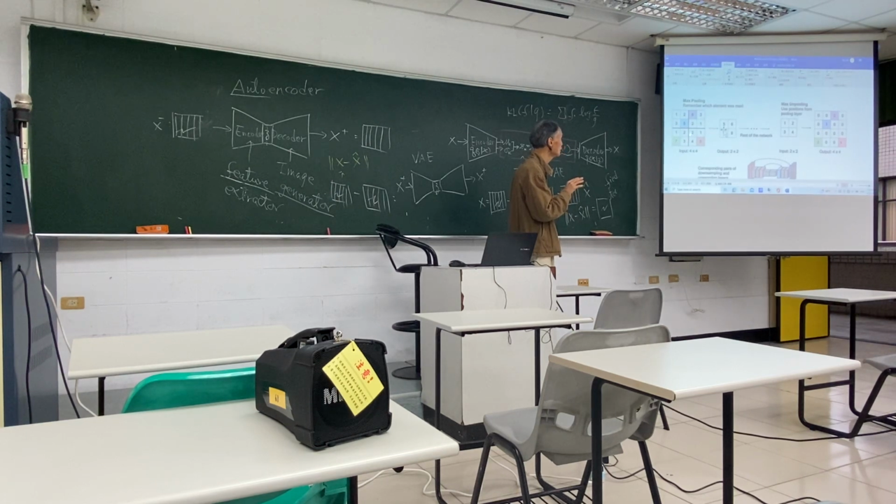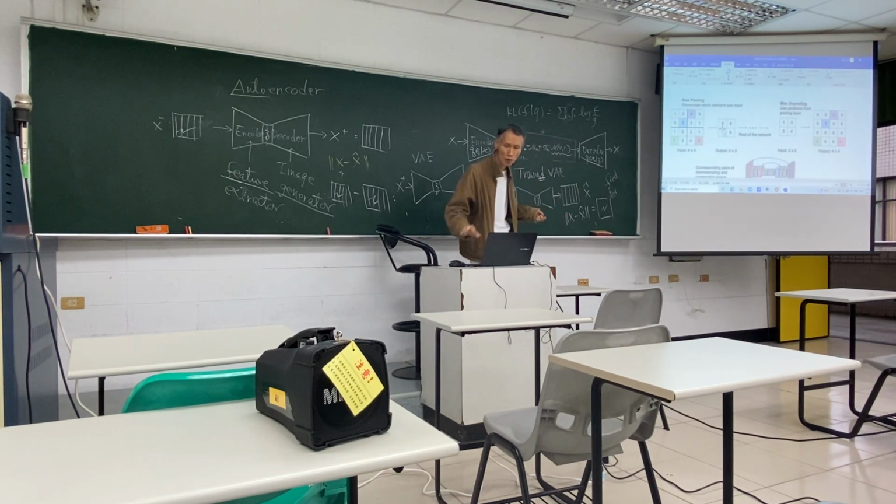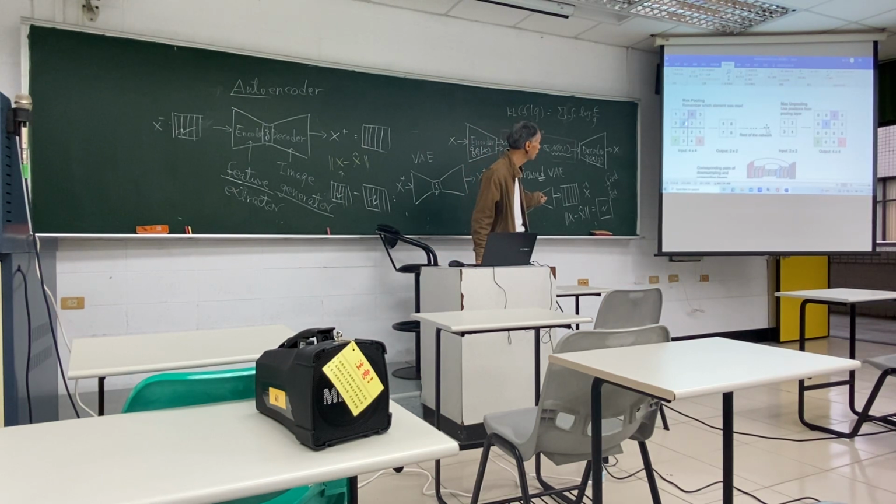Now in the encoder it will be reduced to 2 by 2 by max pooling, with pooling size 2 by 2 and stride 2. With max pooling you preserve 5 here, but at the same time you must record the location of this maximum value. You must memorize the location.